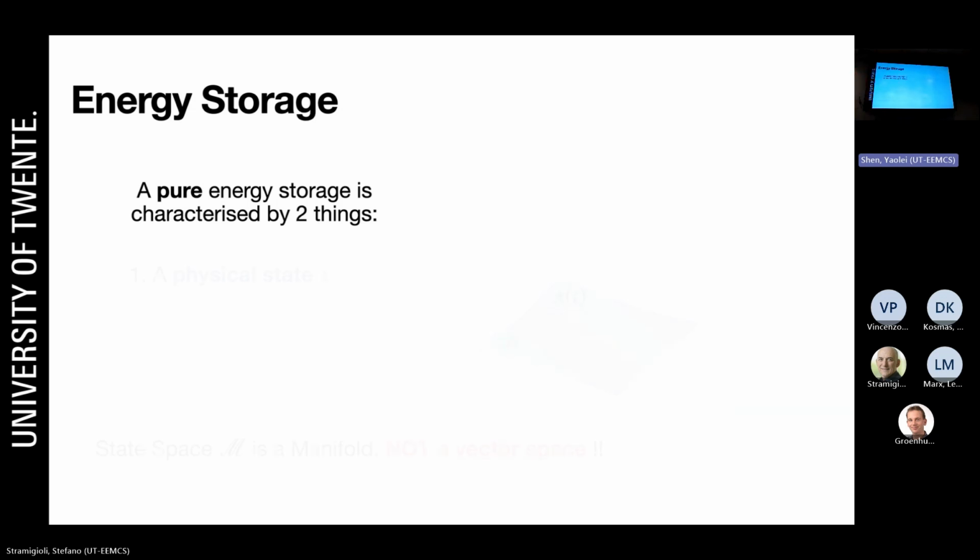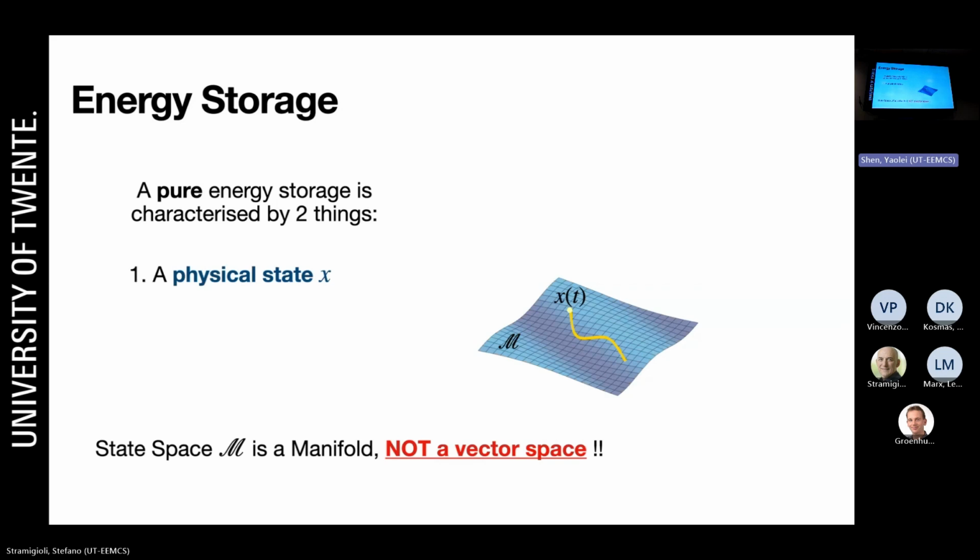You need two things. We need a physical state, because when storage is in place in physical modeling, then you're talking about a physical state. And a physical state is a point on a manifold. In physics, all the time, if you think about a physical state, the mathematical structure you need in order to do things is a differential manifold representing your state space, okay?